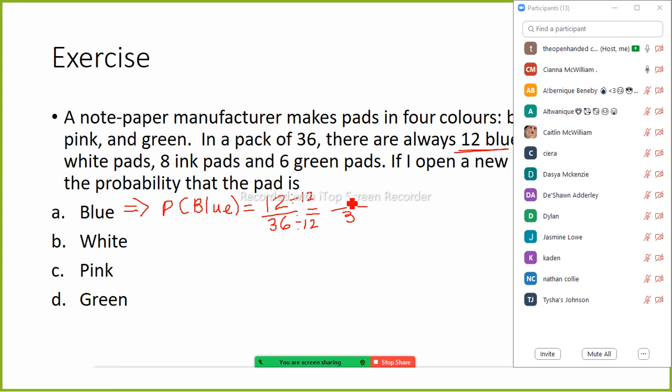She said she did divided by 6. Ten over 36.